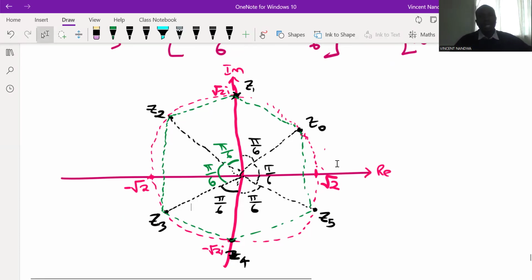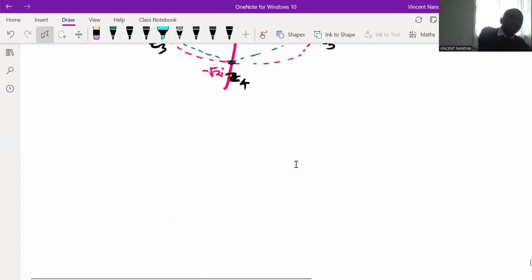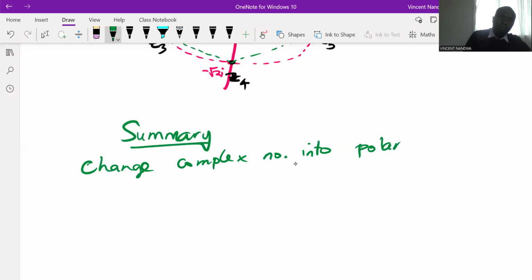It's as simple as this. Let me summarize the key steps that we need. Just change the complex number into polar form to have r and theta, which is the argument.